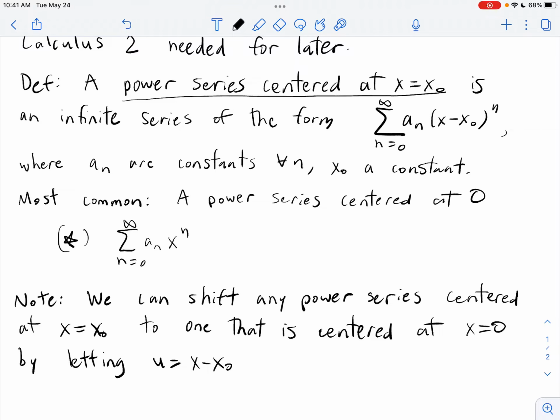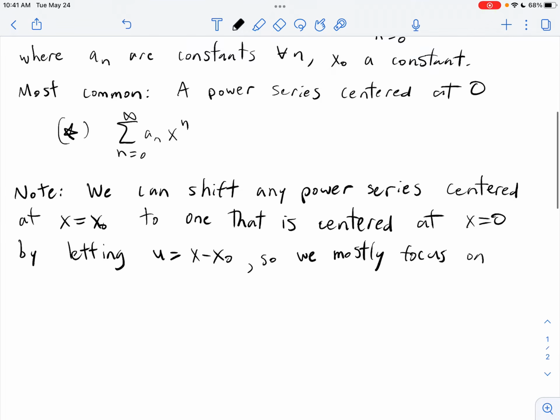In other words, this is basically a translation. We can basically take any power series and just shift it over. So we mostly focus on those with center 0. And these are ones that look like star above. Okay.